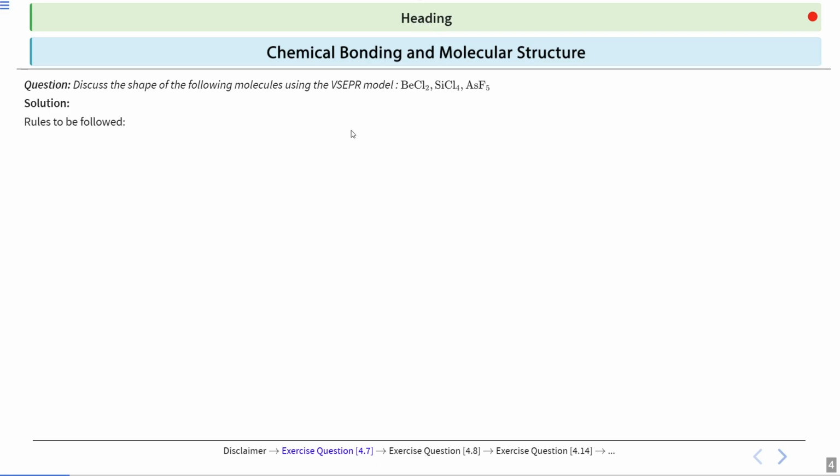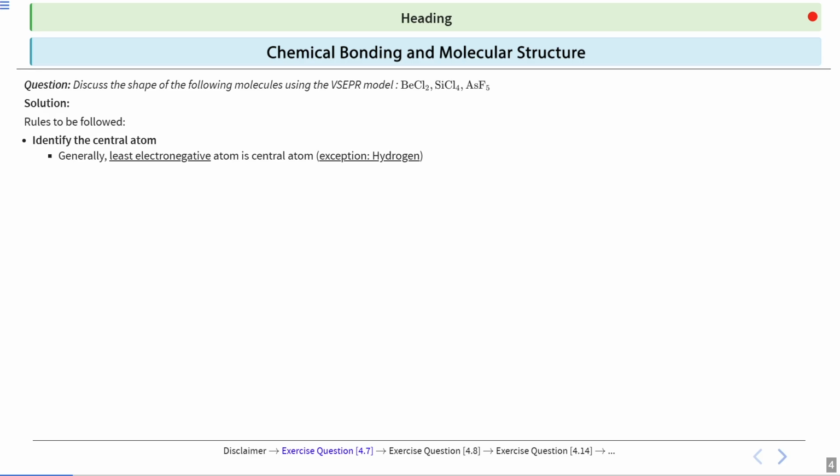Now, starting from the first step. The first step would be identifying the central atom. What would be the central atom if I am considering different molecules? There is a very simple logic behind that. You will always take the least electronegative atom as the central atom, until and unless your element is hydrogen.